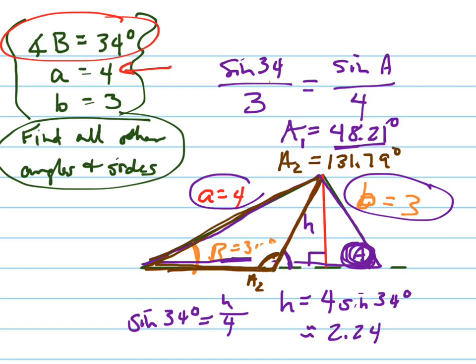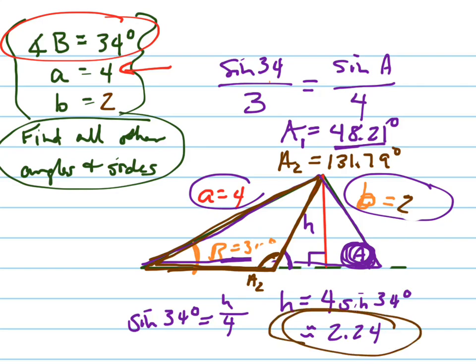So that's called the ambiguous case. Notice in this case there were 2 solutions. Well, let's think about another situation. What if they told you that B here, instead of 3, was 2? What would that mean? Again, if you look at your H here, you'll see that H was bigger than 2.